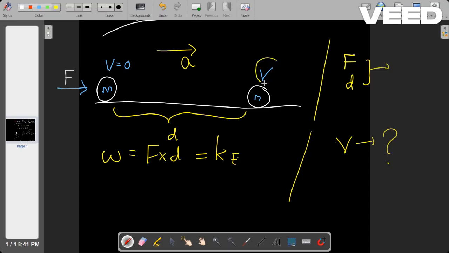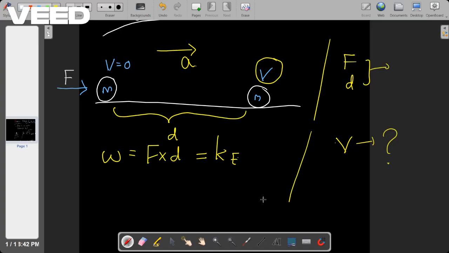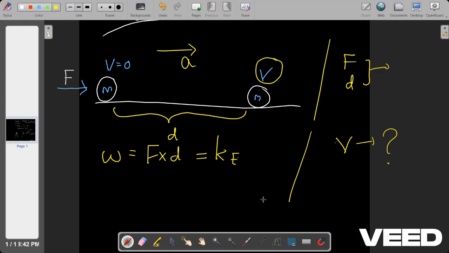Can you do it? Derive an equation for velocity using a and d. We have done that in the first lessons, right?